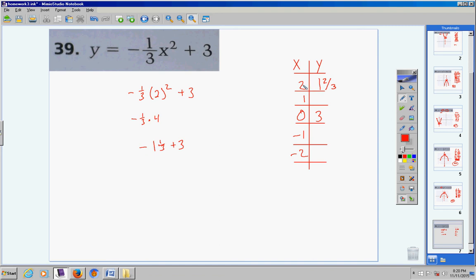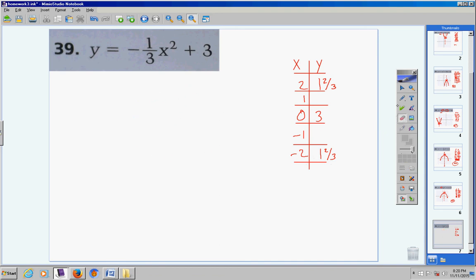As we've done these problems today, I've been going along with my calculator, checking these, and I forgot to switch over to this equation. So I want to check and make sure everything's good. And yes, so far, everything looks good. So let's move on. Now, I have a whole number here, so because I have a whole number there, 1 and 2/3 should also come out down here when I put -2 in.